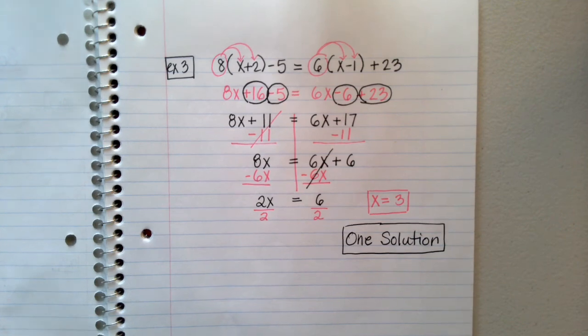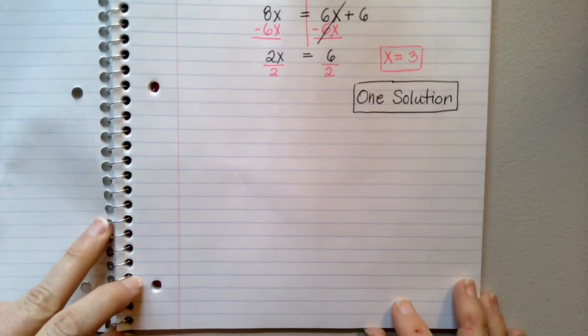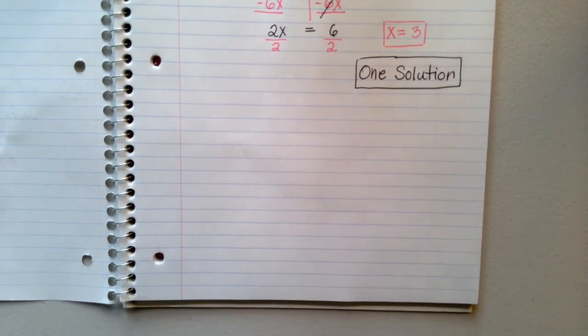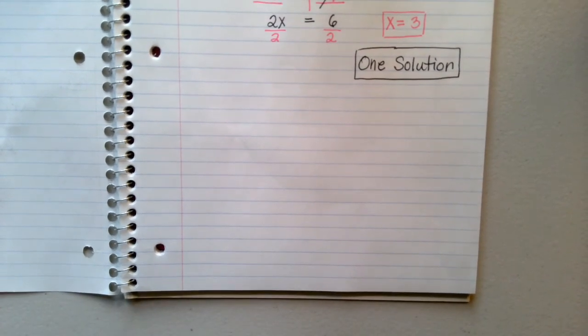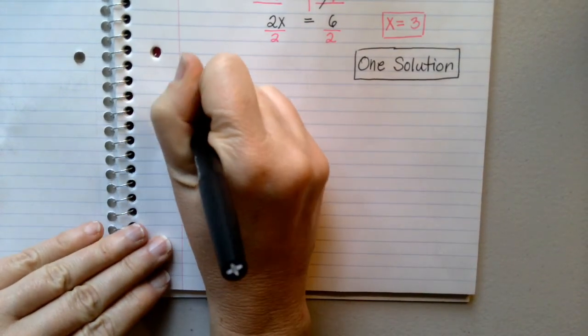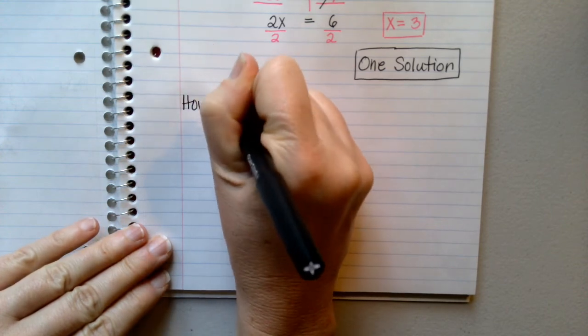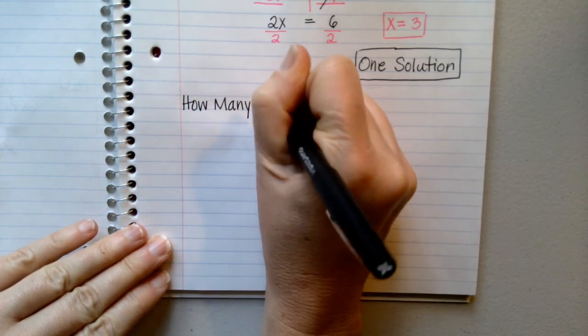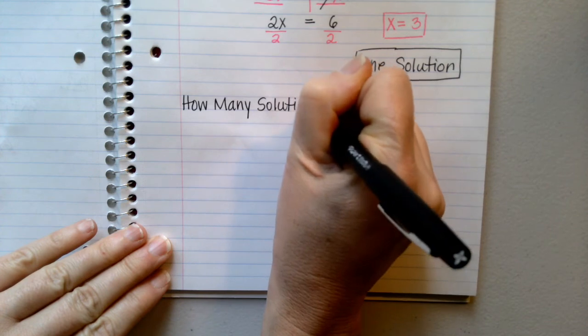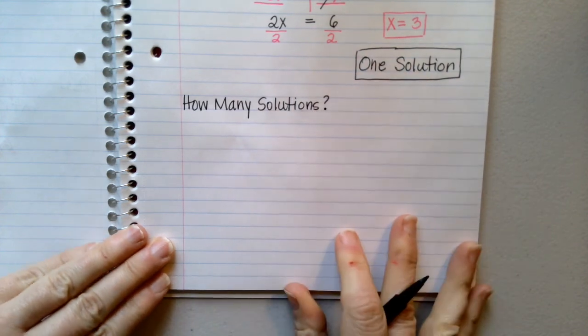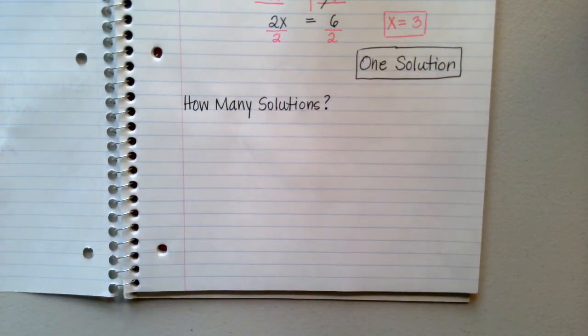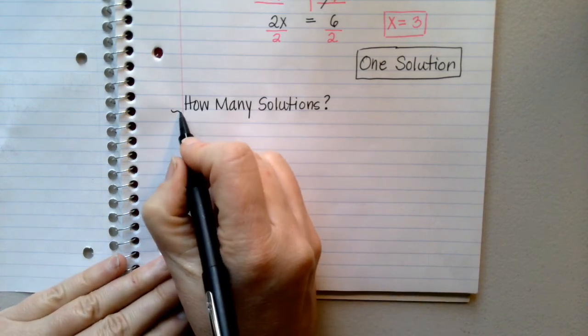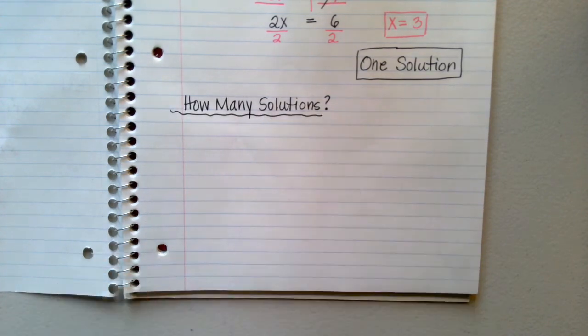Okay, so let's break that down into a nice, easy little cheat sheet here. So how do I know how many solutions I have? Remember, earlier we talked about the word solution just meaning answer. And so what I'm trying to find out here is just how many answers make this equation true.